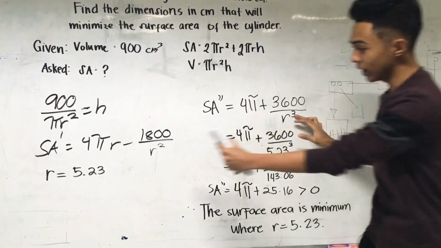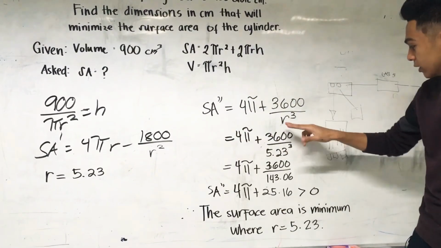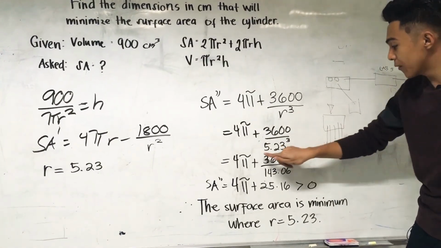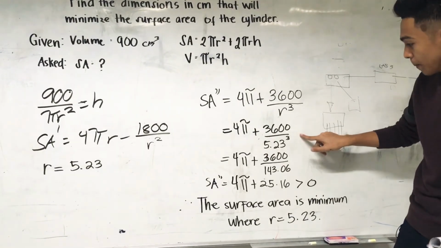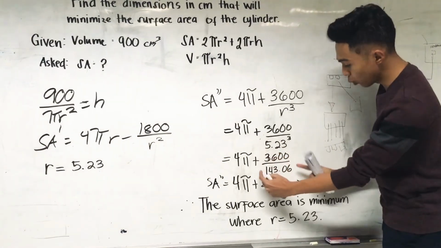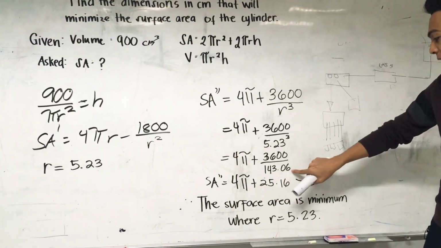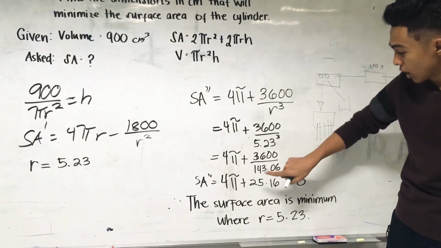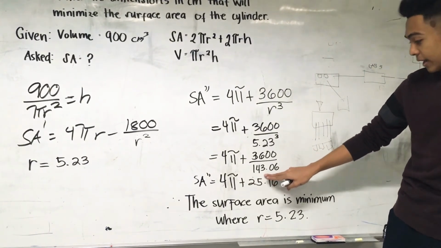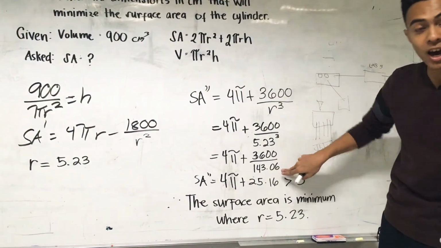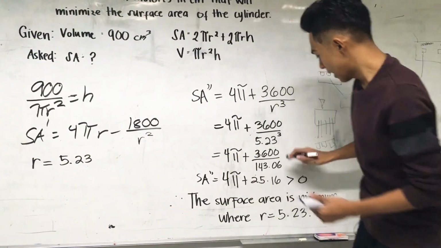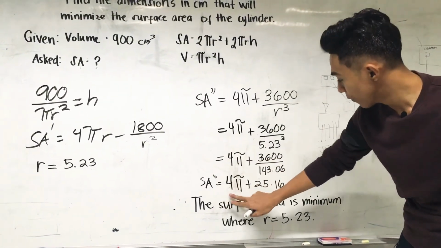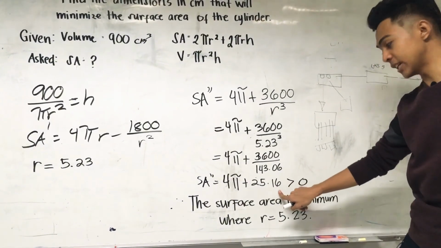Since we now have r, we substitute it: 4 pi plus 3,600 over 5.23 cubed. 5.23 cubed is 143.16. Dividing this, we get the second derivative, 4 pi plus 25.16.